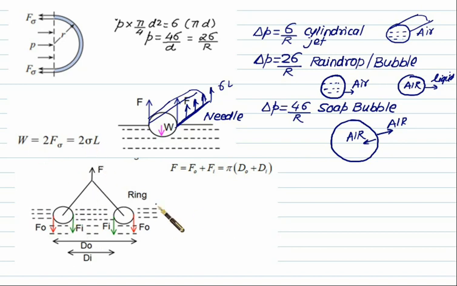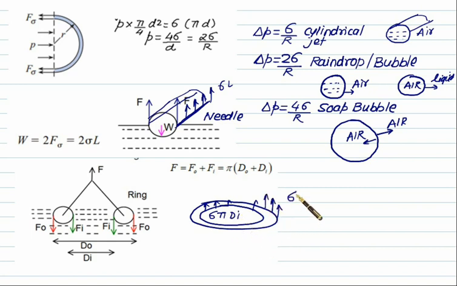This time we have an annular ring. You can imagine it's a bangle. So this inner surface gets wet, as well as the outside surface. In that case the force required from the inside will be sigma multiplied by pi multiplied by di, and the force required on the outer periphery will be sigma multiplied by pi multiplied by do.